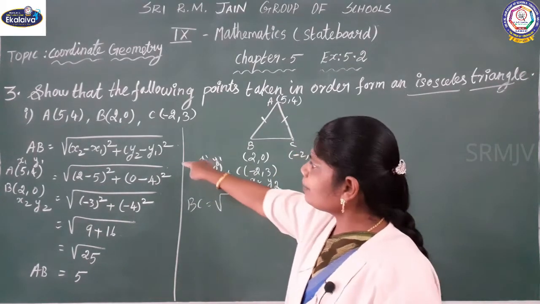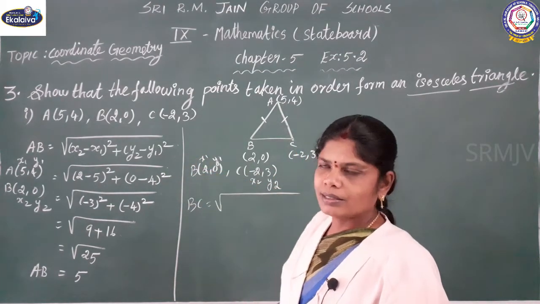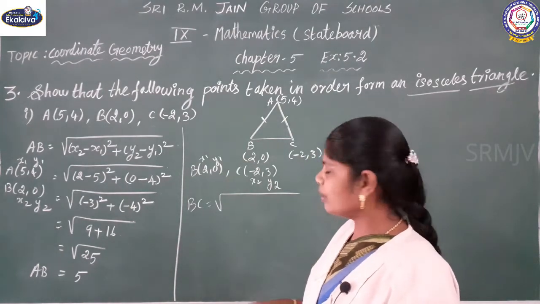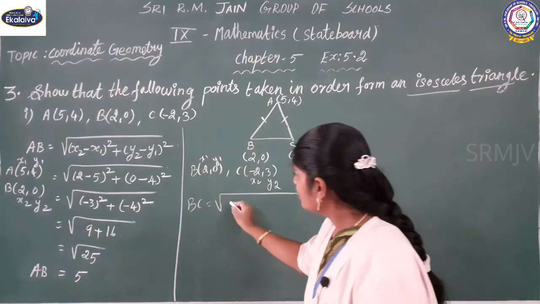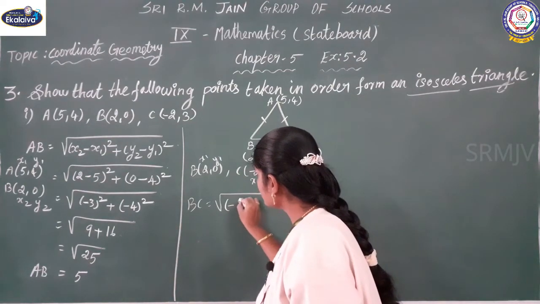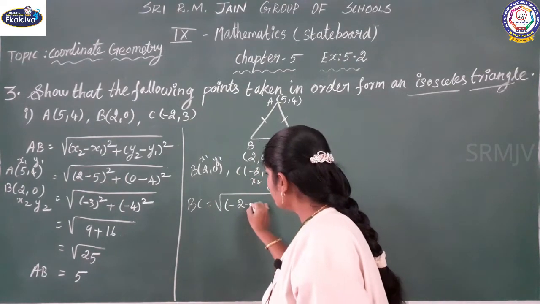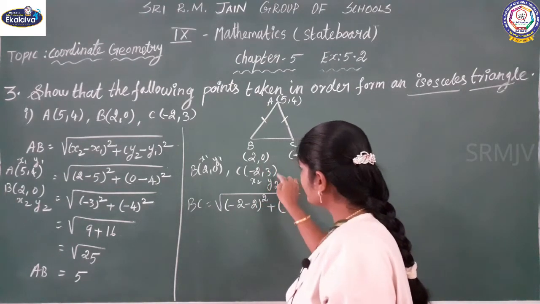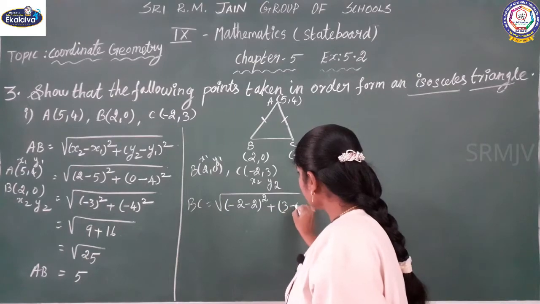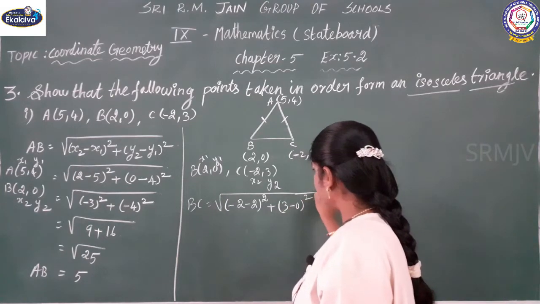Once you should write the formula, there is no need to write the formulas repeatedly. So see here: x2 minus 2, x1 minus 2 the whole square plus y2, 3 minus 0 the whole square.